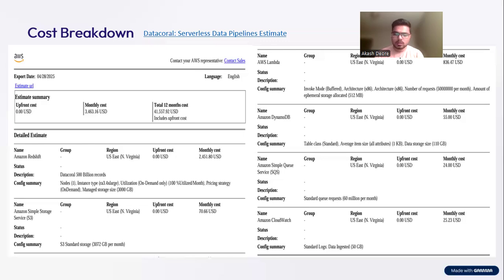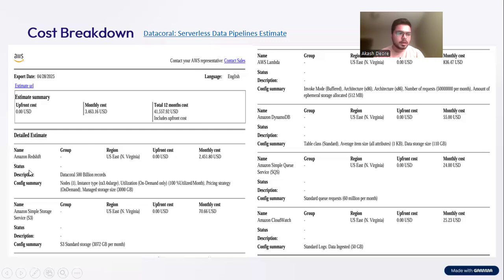But with this serverless infrastructure, the meter stops the moment the last batch completes. So that saves us a huge amount of infrastructure cost and maintaining servers.